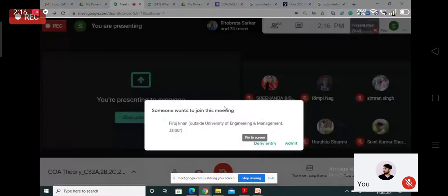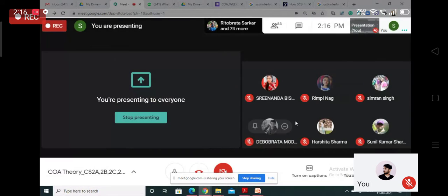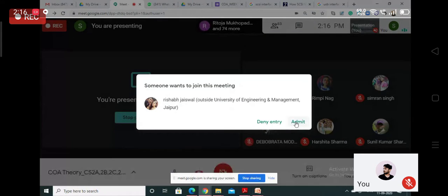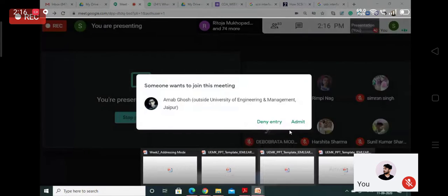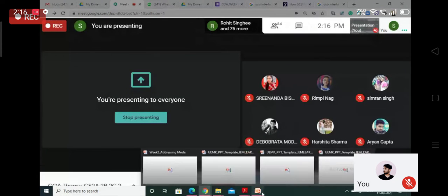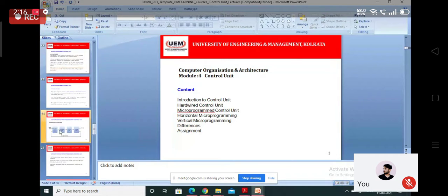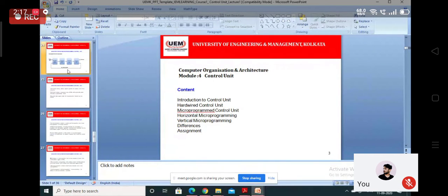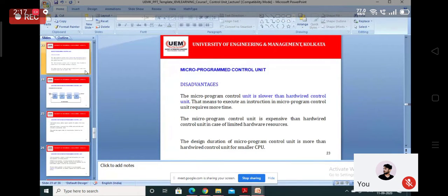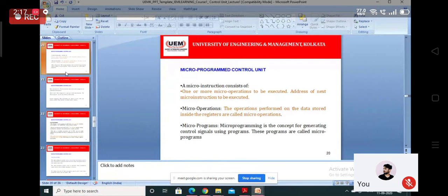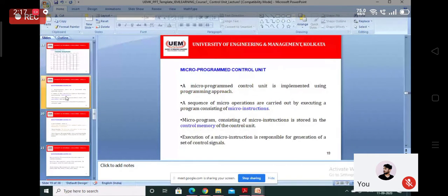These two cases we need to think of, and we will start with the microprogram concept. In the last class, we discussed what you mean by microprogramming.